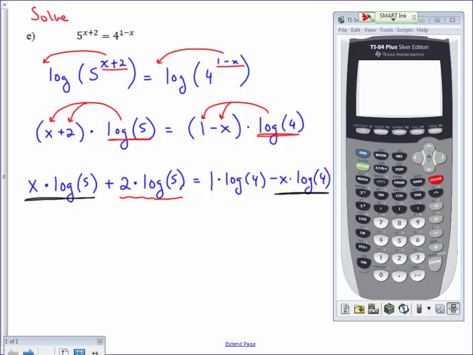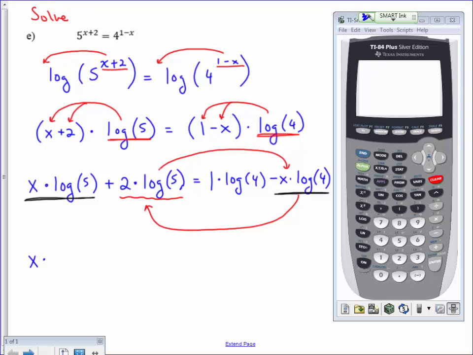What I will do to reorder my terms and to get all the x's on the left and all terms that do not have x on the right is I basically am just going to interchange these two terms, but make sure to change their signs when you move them across the equals.